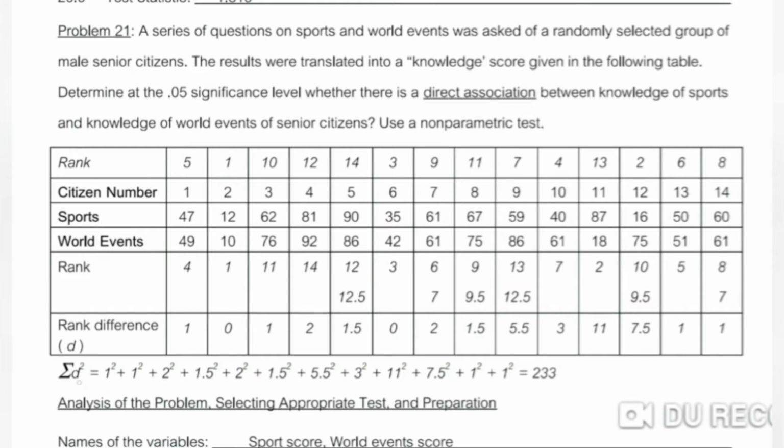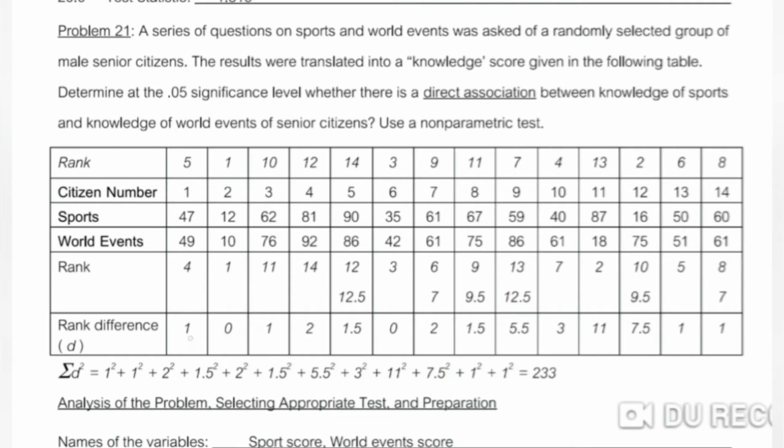Then sigma d square you must compute in formula 5. In formula 5, you know n. What is n? 14. 14 cases, 14 senior citizens, n is 14. So in formula 5, you need sigma d square. Sigma is the sum, d is rank difference, square is square. So this is the sum of squares of rank differences.